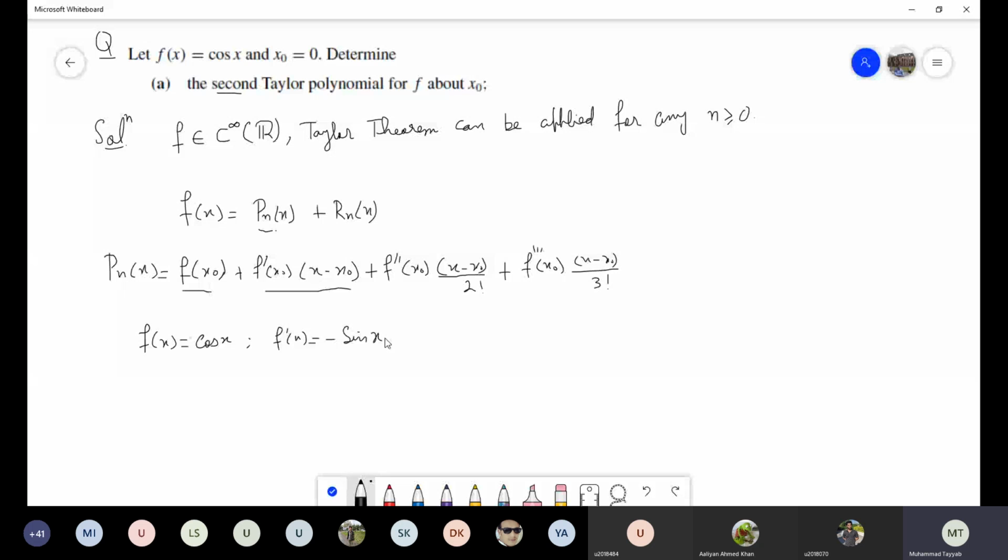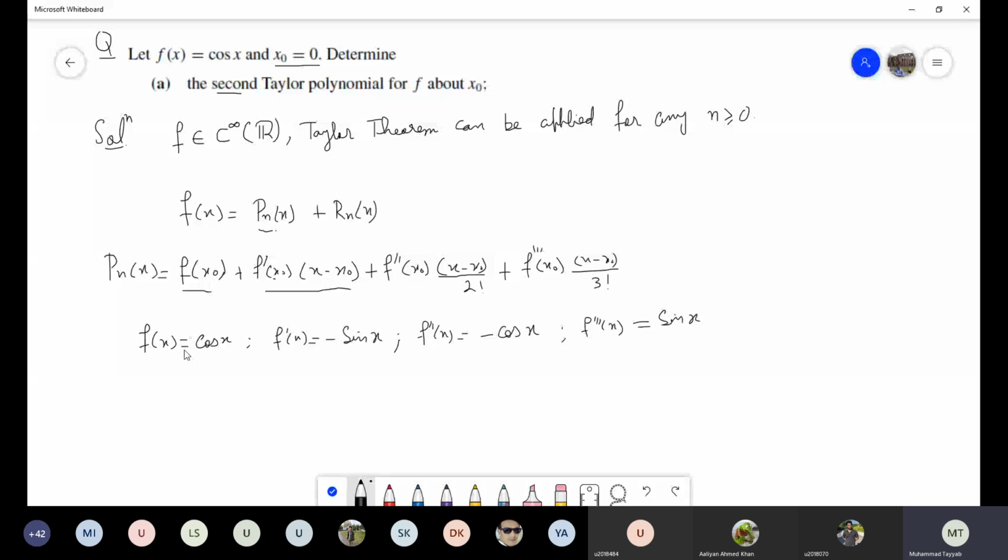The second derivative, f double dash of x, is equal to again minus cos of x, and the third derivative, f triple dash of x, is equal to sine x. But here, he is saying that x naught is equal to 0. These are just the general derivatives I have written.